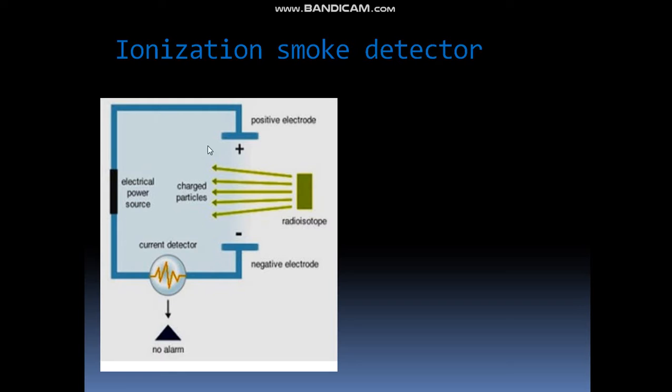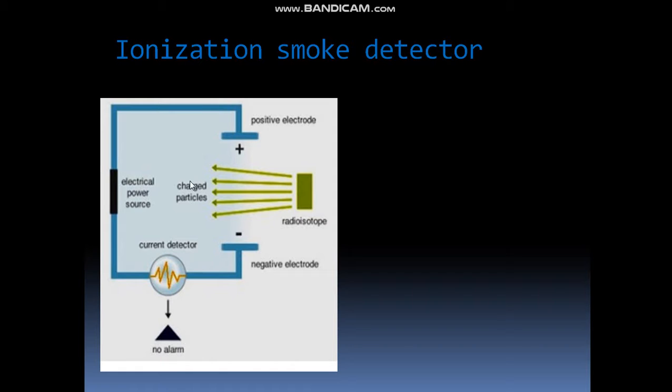So this chamber is called the ionization chamber. This chamber contains two electrodes, one is the positive electrode and another one is the negative electrode. These two electrodes are connected to a DC power supply, which converts charges into current, and that current is sent into a current detector, and this detector is connected to an alarm.